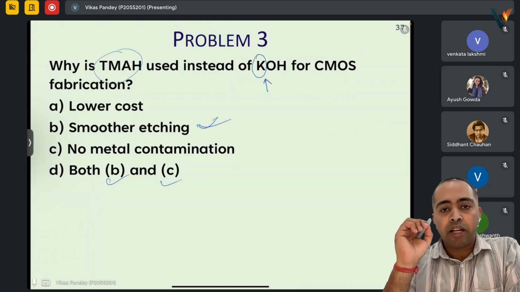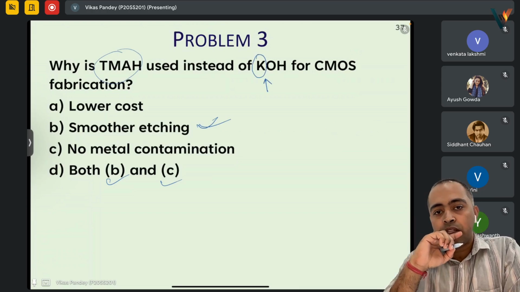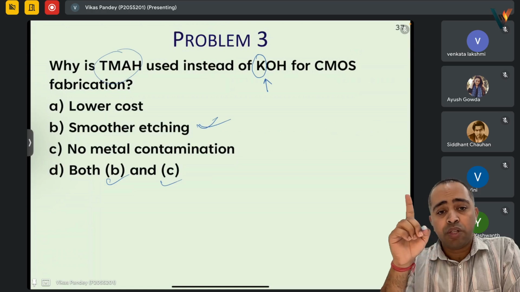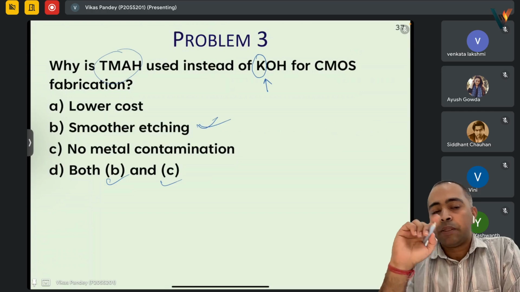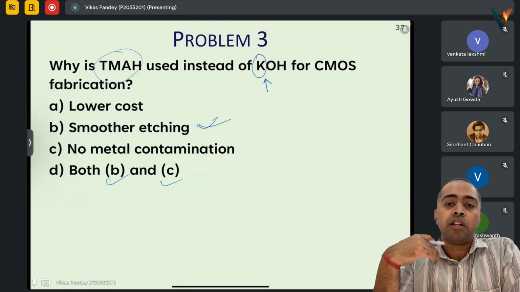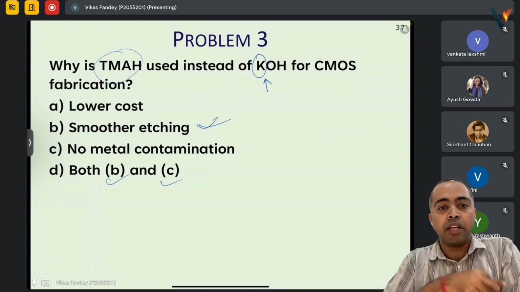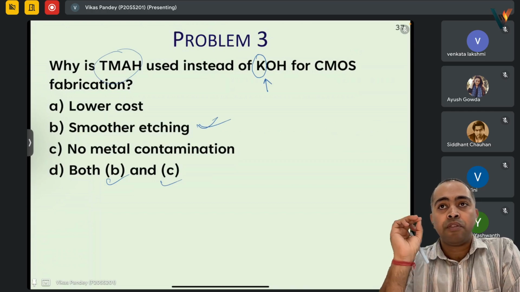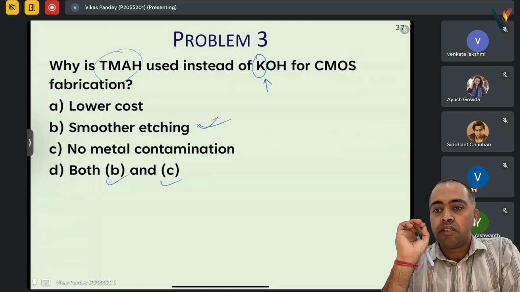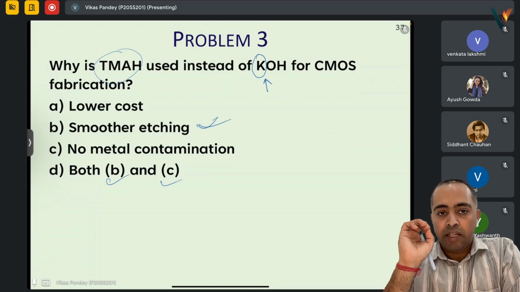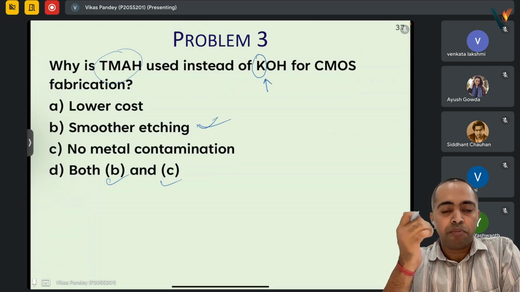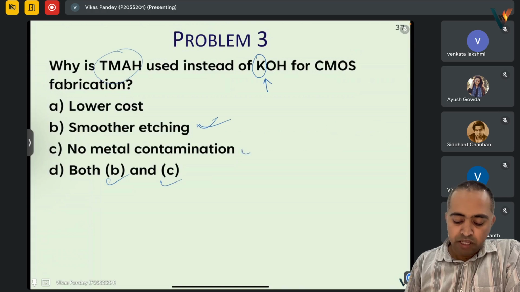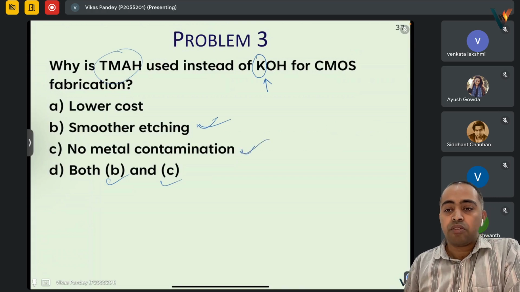Potassium ion is the problem in the case of KOH. So this metal contamination is not there. Metal ions, if they get into the semiconductor or CMOS fabrication system, will cause a change in the conductivity, and that is why KOH is not preferred in CMOS fabrication. It is not compatible, whereas TMAH does not have metal contamination. So both B and C.